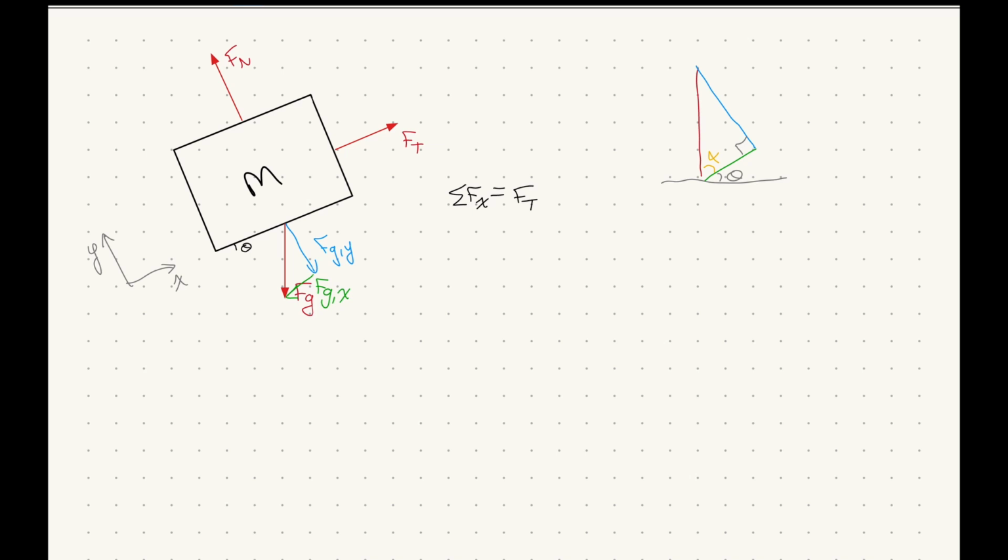And the gravitational force and the horizontal axis will be at a 90-degree angle from each other, which means we can say that alpha plus theta is equal to 90. We can also rewrite that as alpha is equal to 90 minus theta. Now we can begin to write out our equations. I'll just label these real quick.